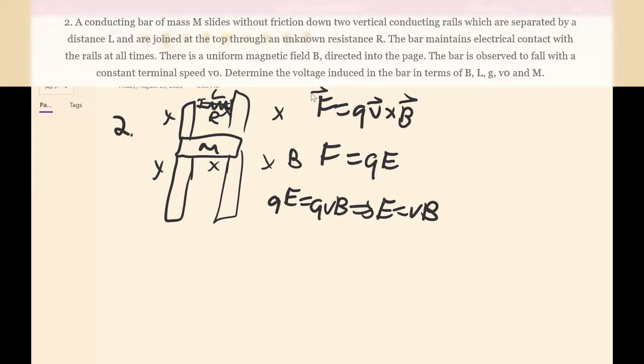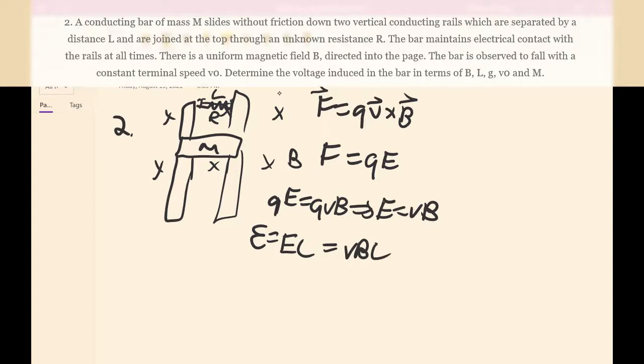There's this other equation that says that epsilon, the voltage difference, is equal to E times L, where L is the distance. This is for when we're trying to find the voltage difference between two points that are a distance L apart. And this is just equal to vBL, obviously. So that's the answer for the voltage.